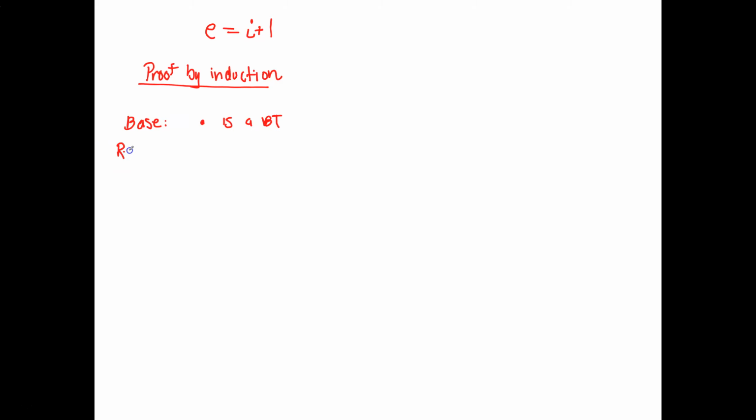And in our recursive case, we could take a binary tree here on the left, and a binary tree here on the right, and then we could use them to construct another even larger binary tree. So this entire thing here is a binary tree. We're going to use this recursive definition in order to prove by induction that this equality holds for every possible binary tree.